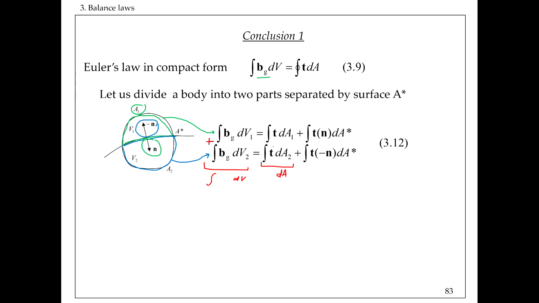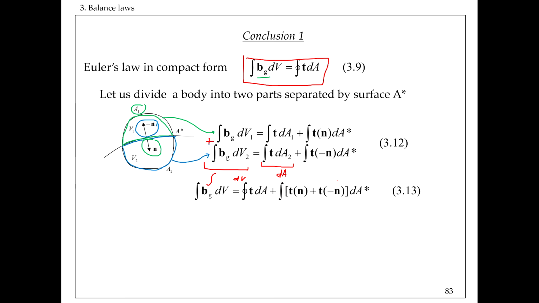And this is good. We recover a part of this, Equation 3.9, but we get additional terms that come from the integration over the surface that separates these two. So let's look into that.